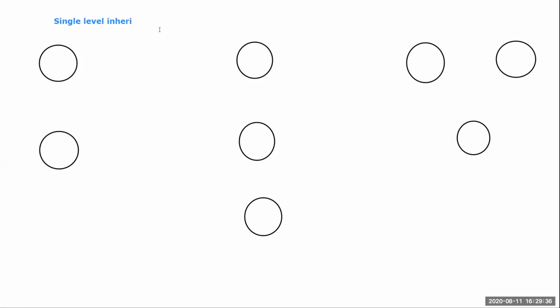So first, what is inheritance? Inheritance means if you have two classes, right? So class A and class B. You want to use class A methods and class A attributes in your B class.